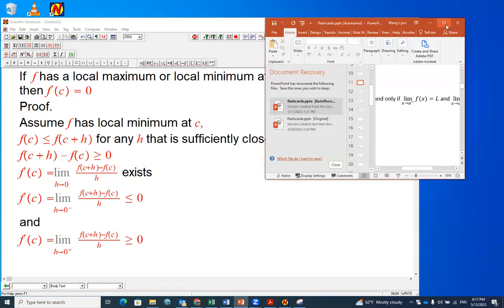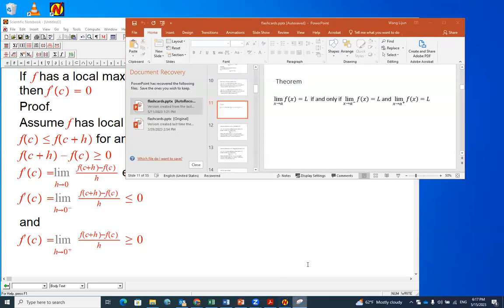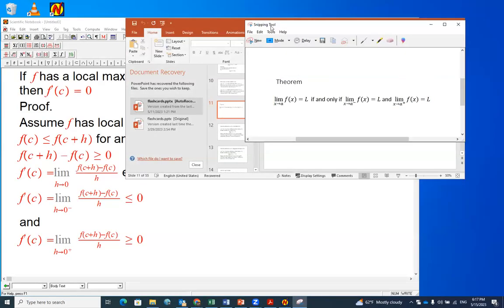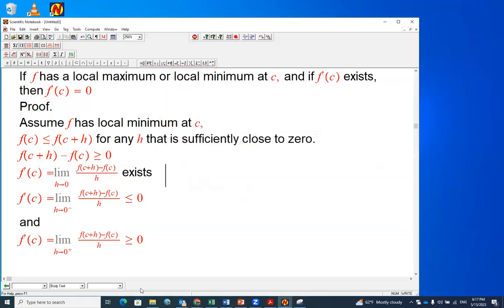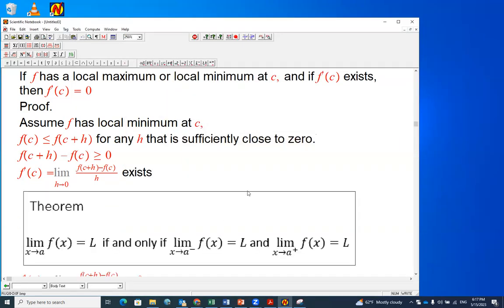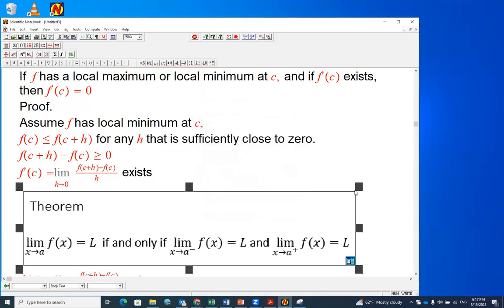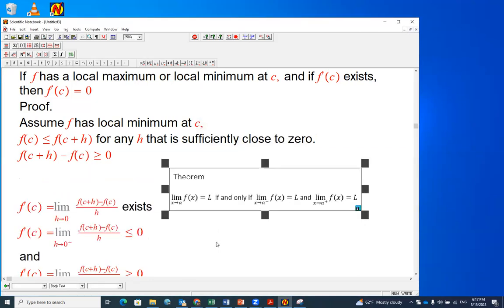So that limit exists, and the limit from the left and the limit from the right both exist, and they are the same number. So this is the theorem from the flashcards that we are very familiar with, right? It is this limit we are referring to.